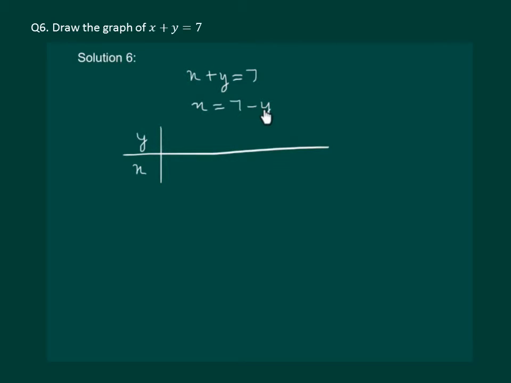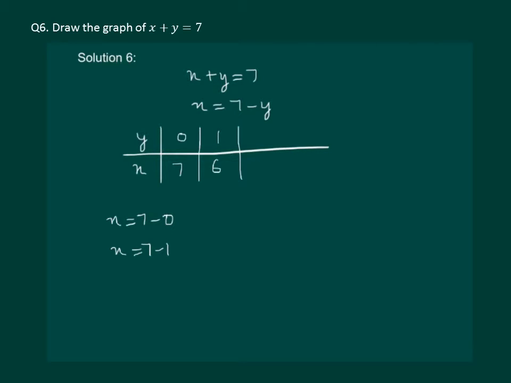Now we can find the values of x for corresponding values of y. If we take y equal to 0, then x is equal to 7 minus 0 gives x equal to 7. Next solution can be for y equal to 1, x is equal to 7 minus 1, that is 6.